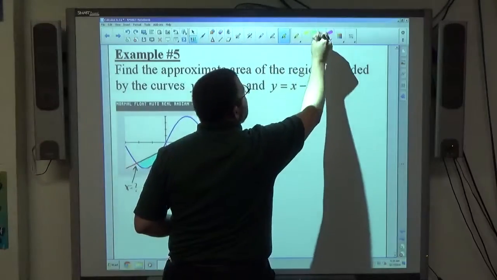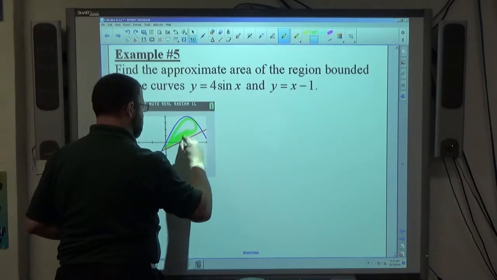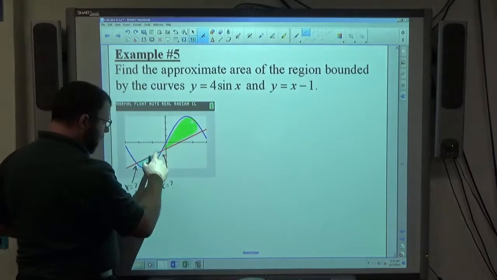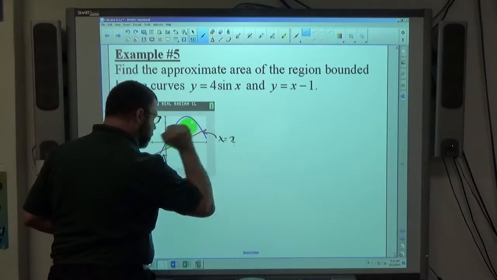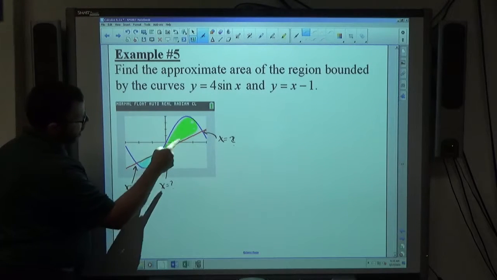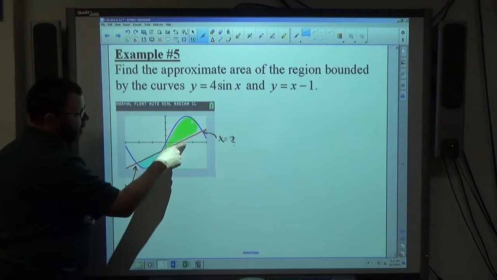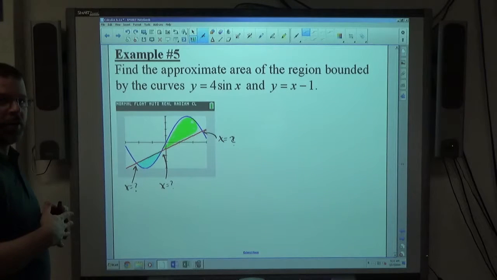And for the other region, which is right here, we have the curve on top, starting at the same x here and ending at this x, whatever that is. So from -2 point something to negative point something, and from negative point something to 2 point something. But the order of subtraction changes: sine minus x minus 1 on one, x minus 1 minus sine on the other.